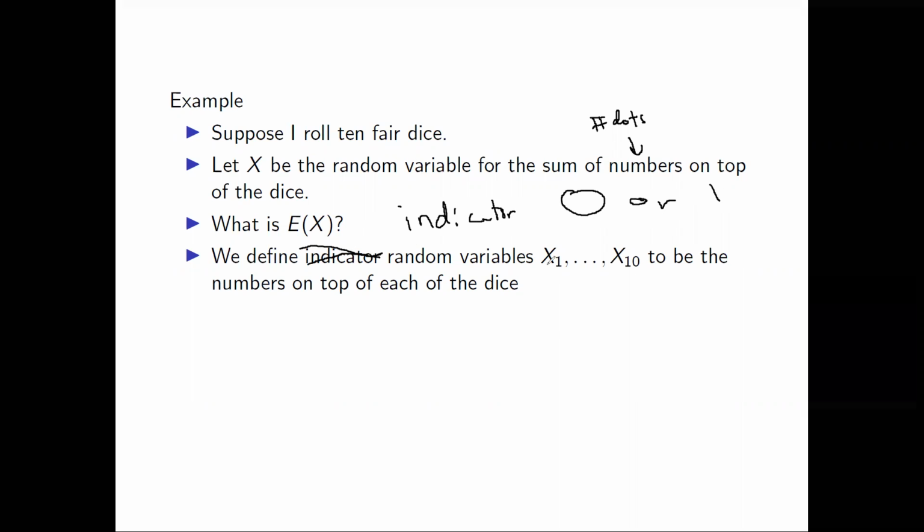These random variables are still going to be useful to us, but they're not indicators because their values are not going to be all 0s or 1s. And these random variables are going to be the numbers on the top of each of the dice. So their values can be 1, 2, 3, 4, 5, 6.